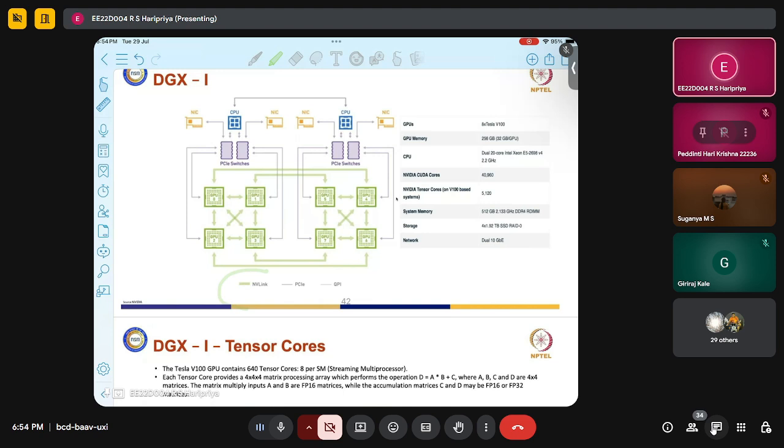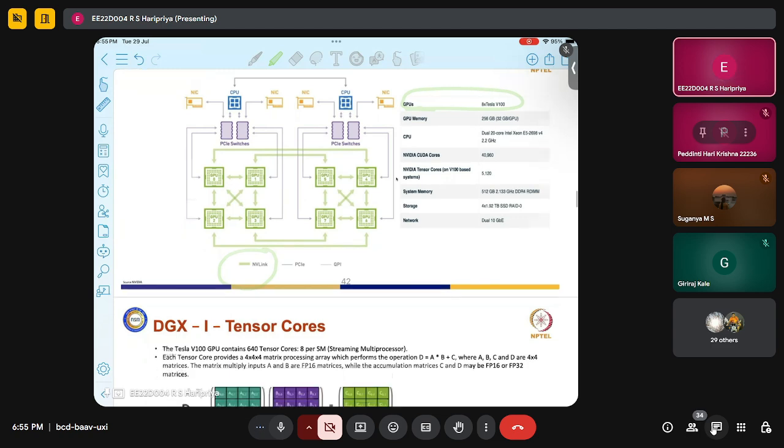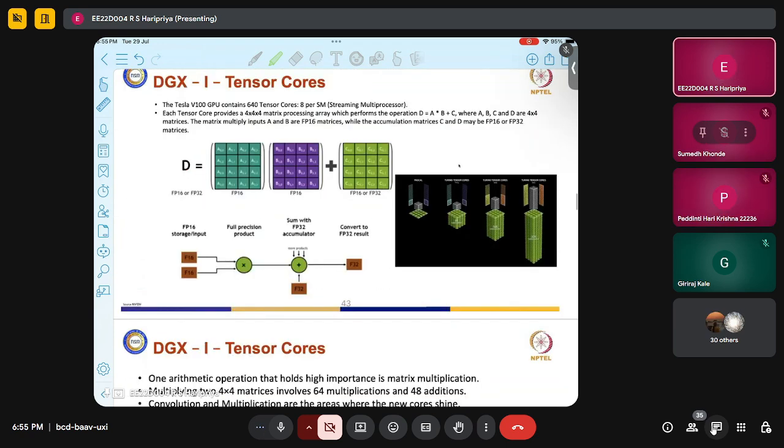Here we have an NVLink, which is a proprietary bus link developed by NVIDIA, and it consists of 8 GPUs and a PCI Express for communication with the CPU. So next, yes, this is the DGX, and how it performs the computation in parallel.